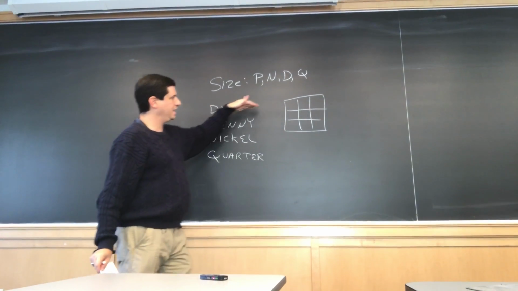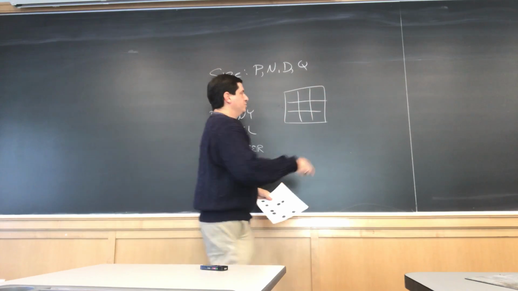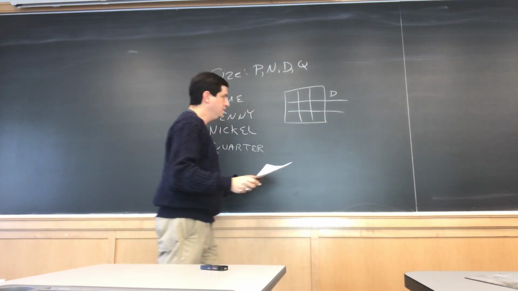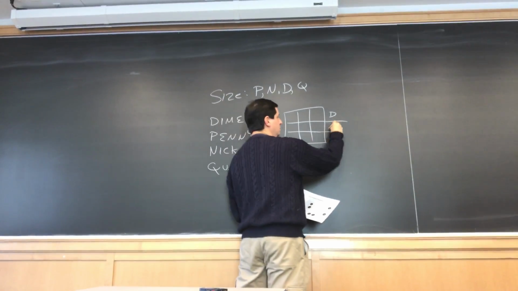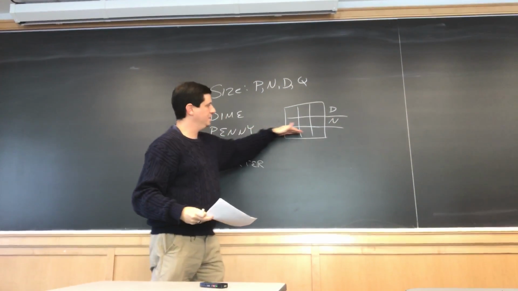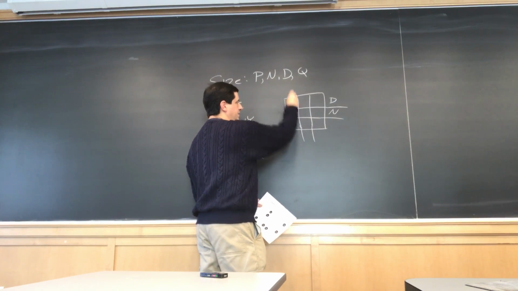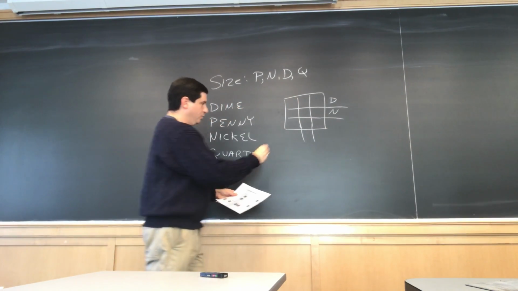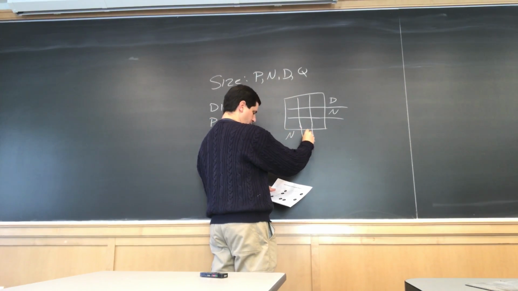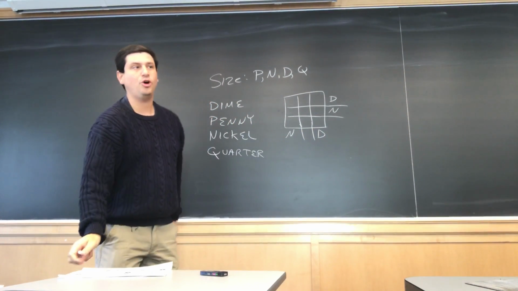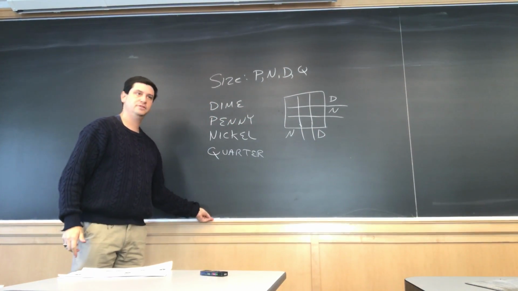When you shine it like this, the shadow is the shadow of a dime. When you shine it like this, the shadow is that of a nickel. And when you shine it like this, there's nothing there. When you come down like this, you see the shadow of a nickel, shadow of nothing, and shadow of a dime. So this is all the information you have.